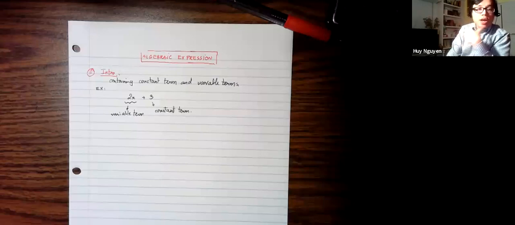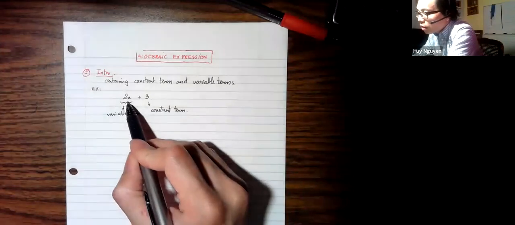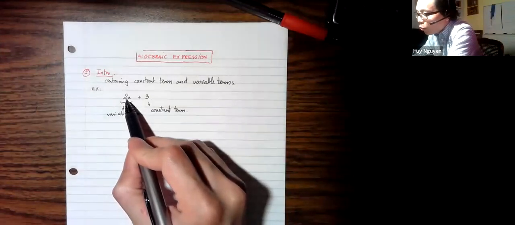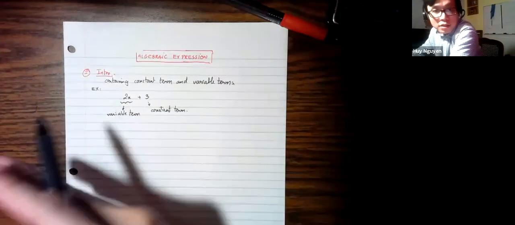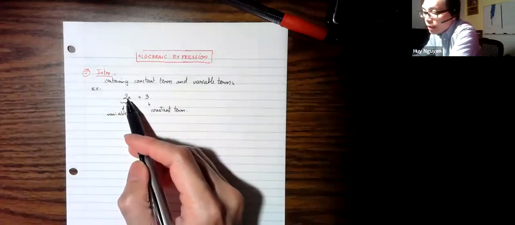So in this algebraic expression, we have two terms. Terms are separated by arithmetic operations. What I mean here is addition and subtraction, not multiplication or division. If it is separated by multiplication and division, we call it a factor. So if you look at this term, you see that we have two factors. The first factor is 2, and the second factor is x, because here it is separated by a multiplication sign.